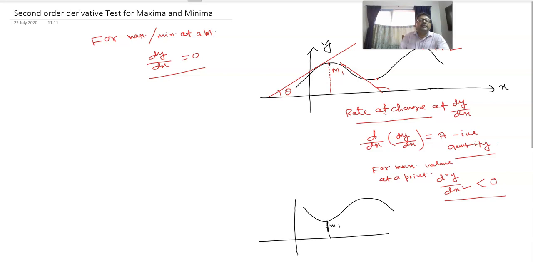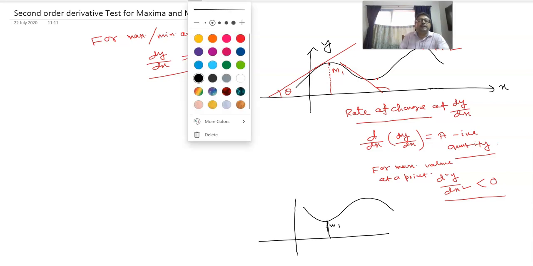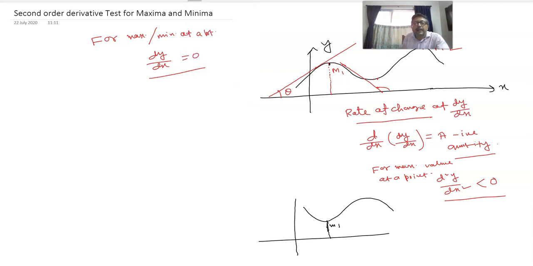If we draw a tangent just before reaching the point, the tangent will be making an obtuse angle, and after that the tangent will be making an acute angle.